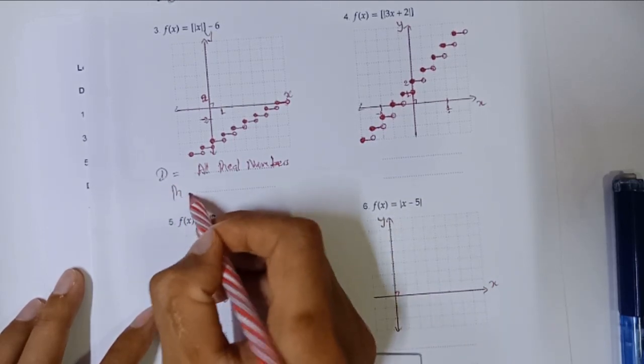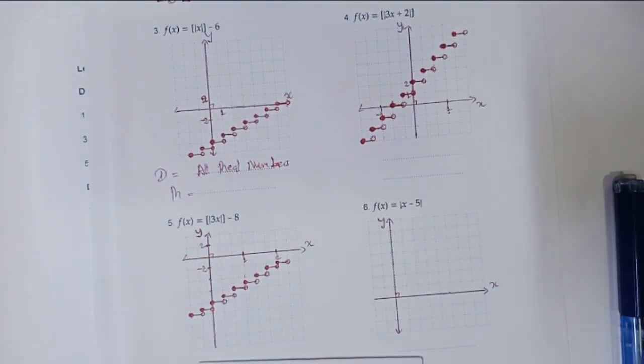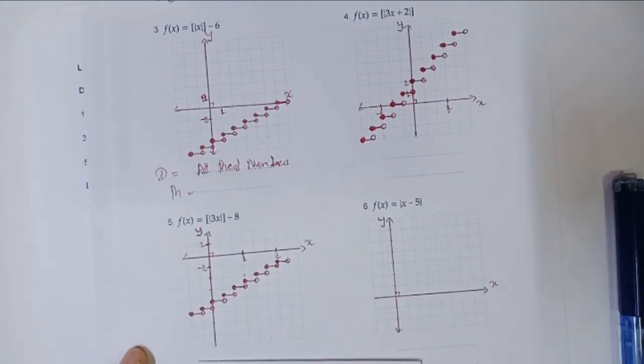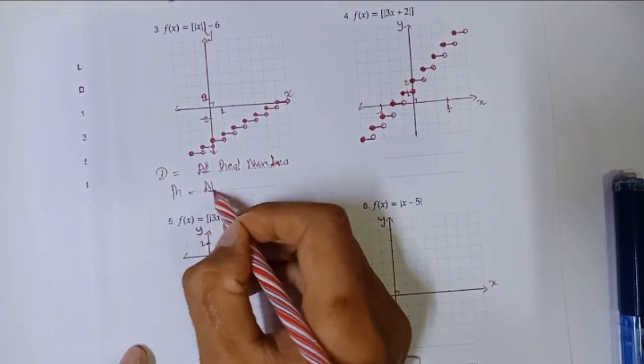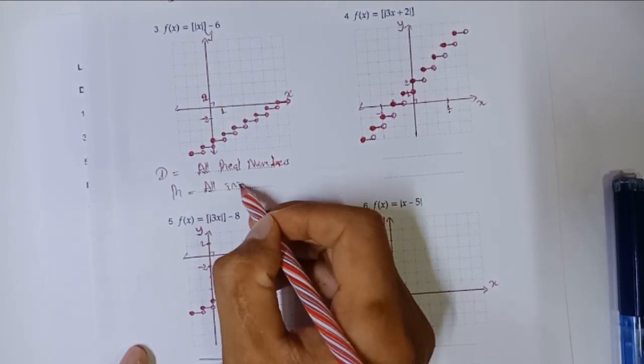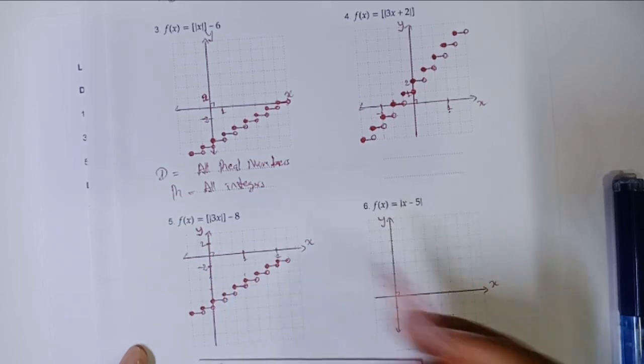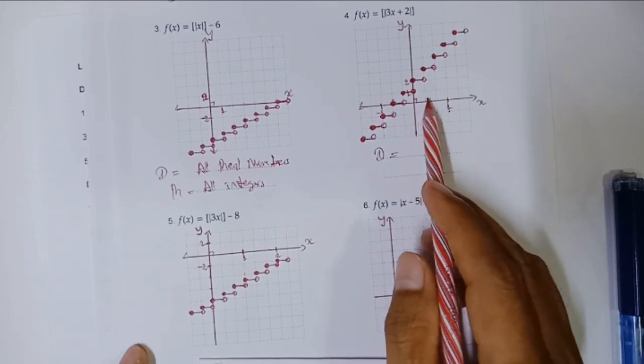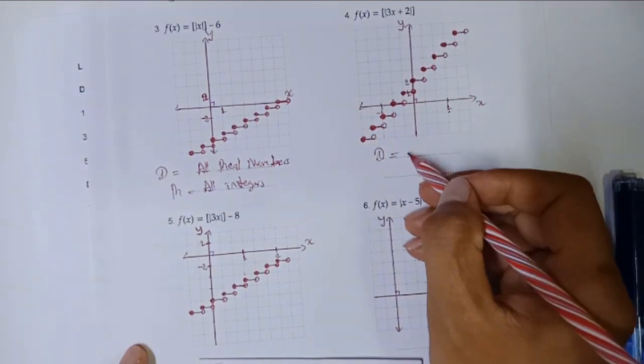For the range, as you can see, you jump over 1, 2, 3, 4, 5, and so on, so the range has no decimal numbers. The range is positive or negative integers, or you can just say all integers. The same goes for this one here. For the domain, x is all real numbers.